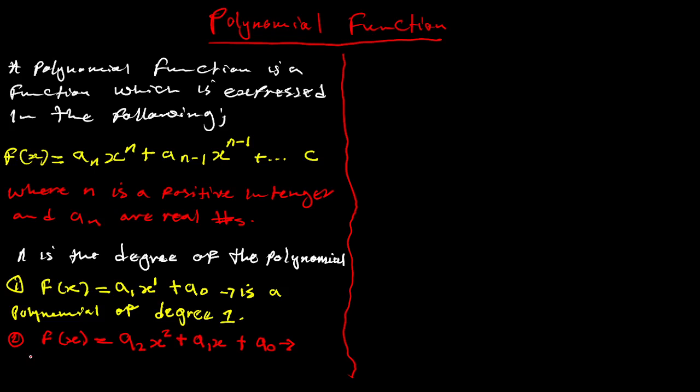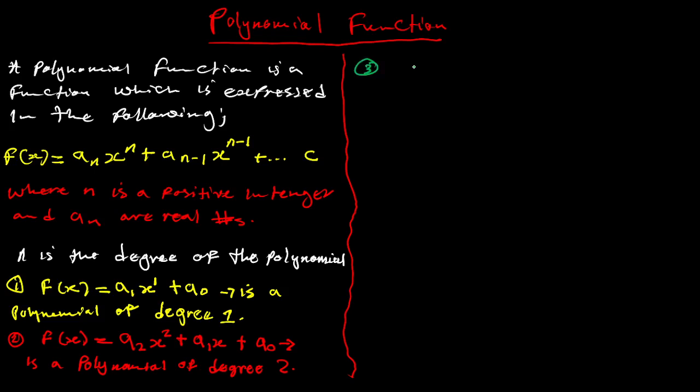This is the one which you are normally familiar with, whereby you have 2x squared, 3x squared. Whatever the polynomial is, if it is in that form, then the highest degree is 2.